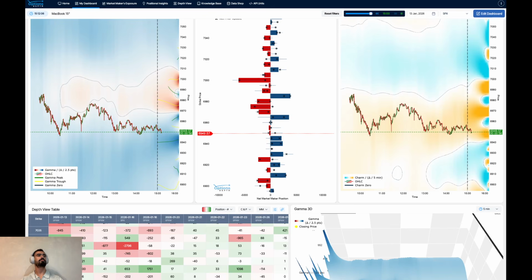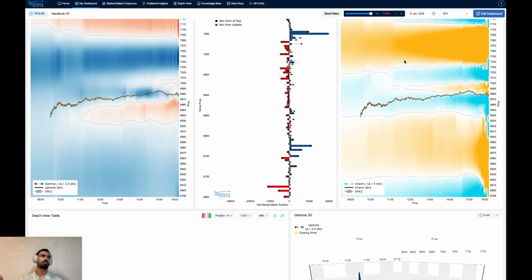I don't give signals, but I had to make a tweet, an overview of this setup, because it was very clean.